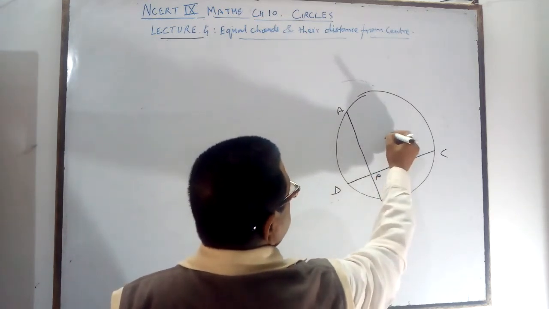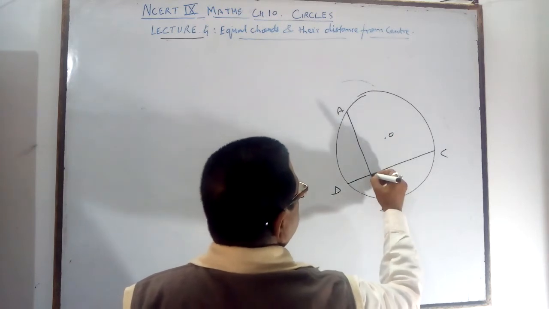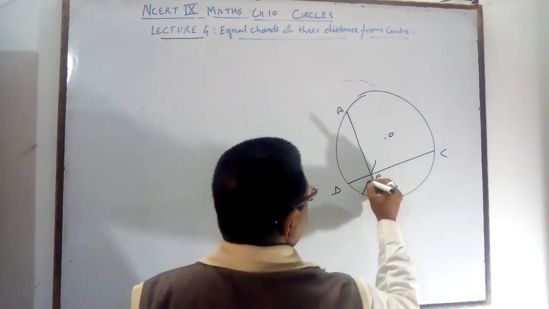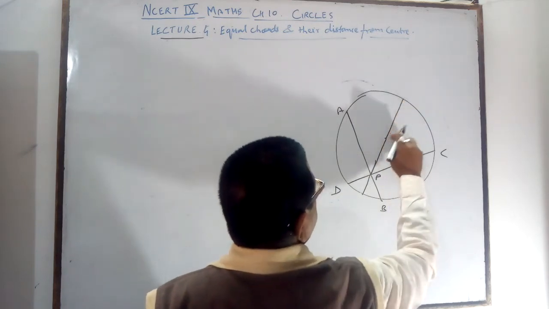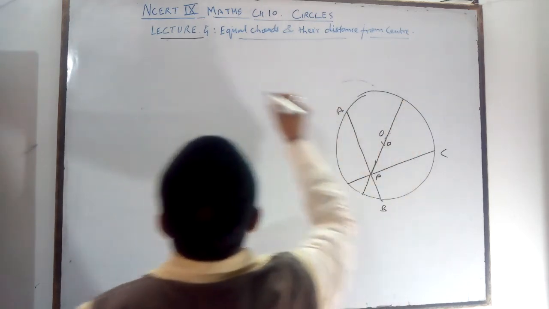So the center is given here. Diameter is given, this is a diameter. What is given? Example 2.